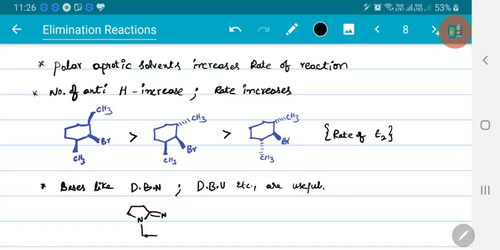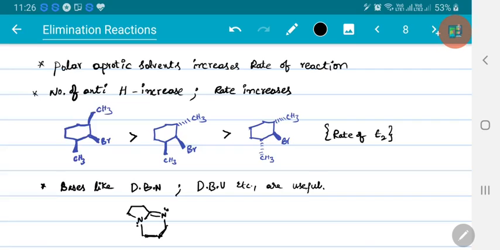One, two, three, four, five, six. So here is one lone pair of electrons, here is another lone pair of electrons. This is totally 1, 2, 3, 4, 5, 6, 7, 8, 9.